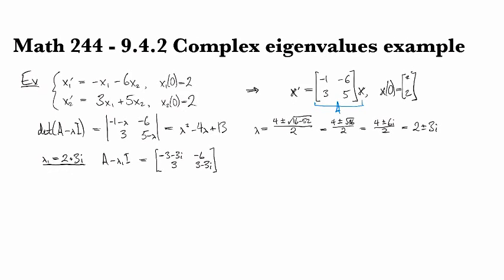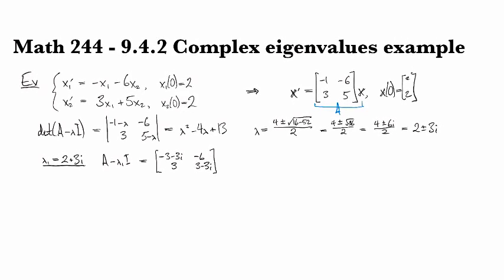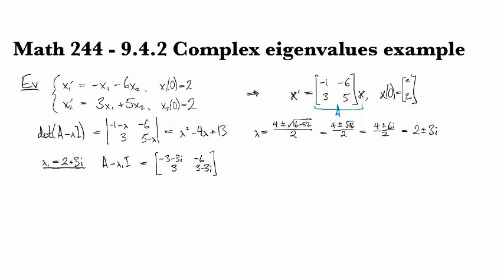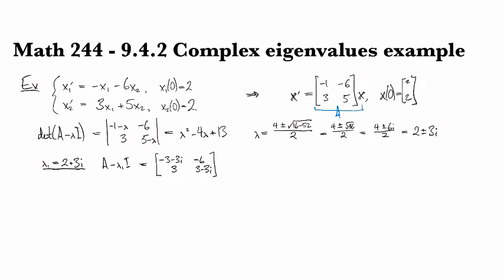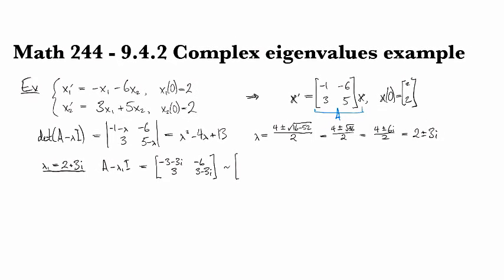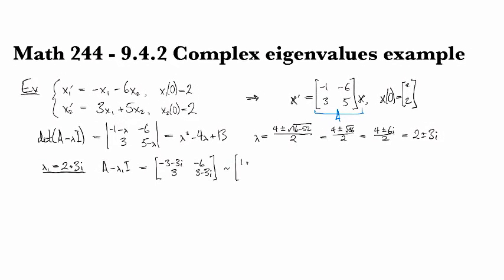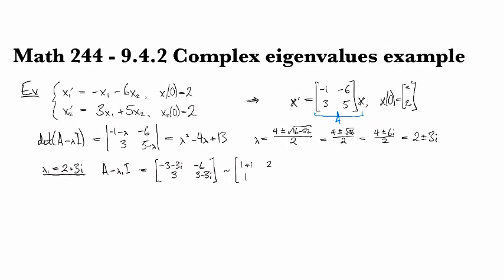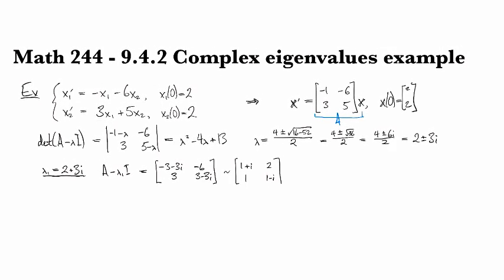Okay, and so I can get rid of some constants here. I'll divide the top by minus 3, so it becomes 1 plus i and 2, and then on the other side, 3 and 3 minus 3i, which I divide by 3 to get 1 and 1 minus i.